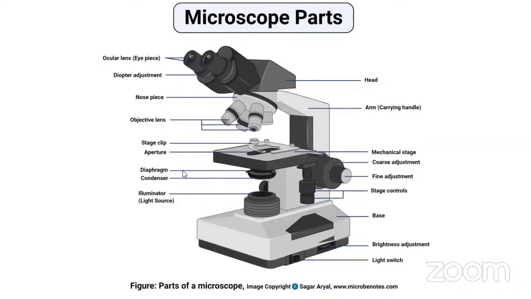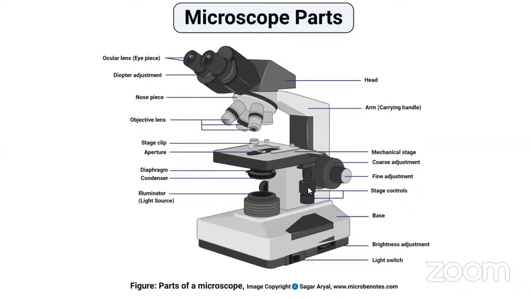Then the other important part is the diaphragm, through which you can control the light intensity. The next important parts shown are the coarse adjustment knob and the fine adjustment knob. Through these you can move the stage up and down and adjust it so that you can visualize the object better.